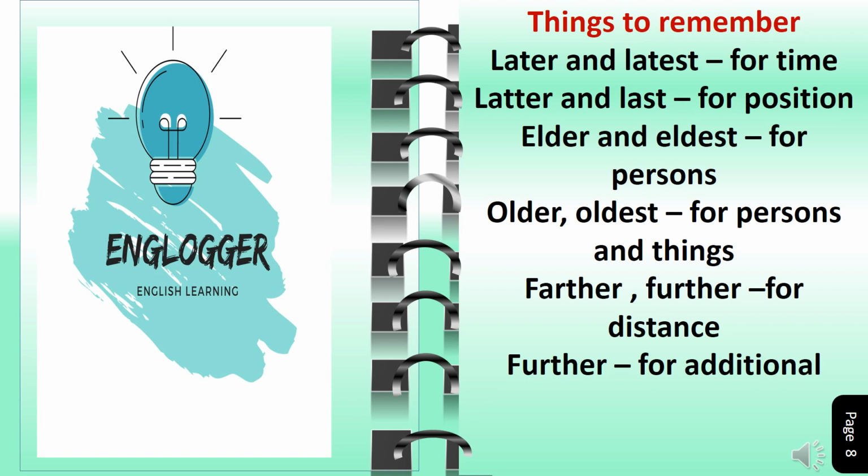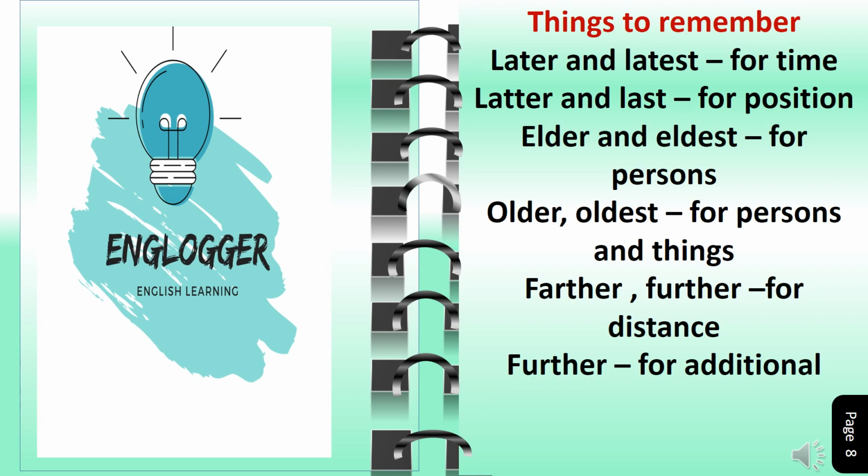Now here we have things to remember. Here are a few adjectives like later, latest, later, last: where to use them and how to identify them. Later and latest we use when talking about time; later and last for position; elder and eldest for persons, like he is elder to me and he is the eldest.